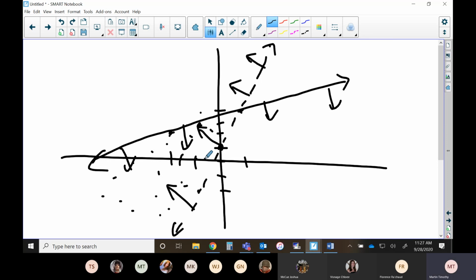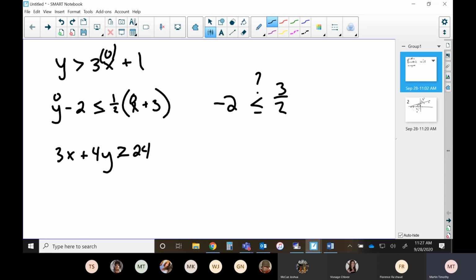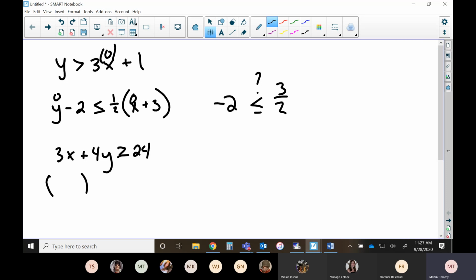Okay. Finally, I'm going to graph the last section, which says this is standard form, so I'm going to grab my x and y intercepts. I know I'm going to make x 0 one time, and I'm going to make y 0 one time, see what happens. When I make x 0, this is gone. What times 4 gets me to 24? 6.